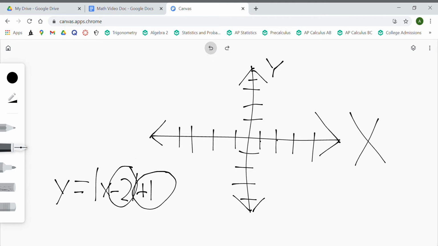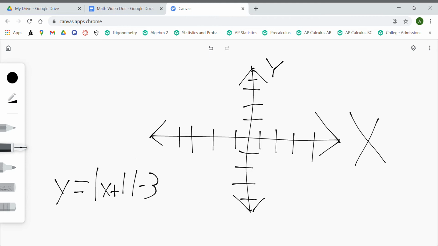Alright, that was amazing. Yay, good job, you. Alright, now I'm going to let you try. Why don't you try graphing absolute value of x plus 1 minus 3. Alright, so we got two different transformations again.